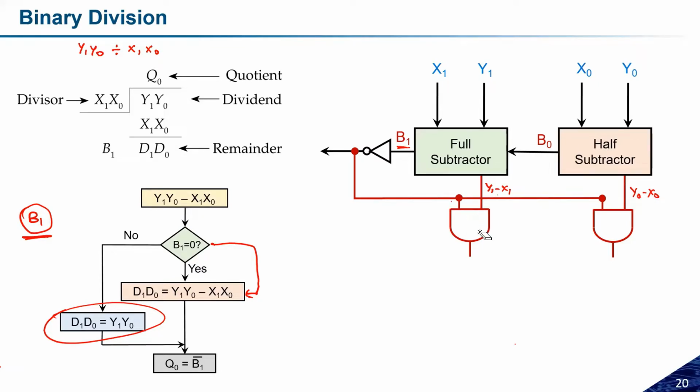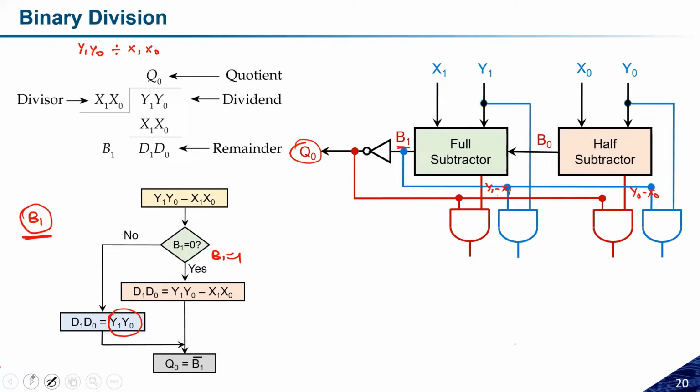Now let us talk about the second case. The second case is if b1 is equal to 1, which means only y1 and y0 will be selected. In this case, we can consider directly passing b1 multiplied with y1 minus x1, and b1 complement with the other one.